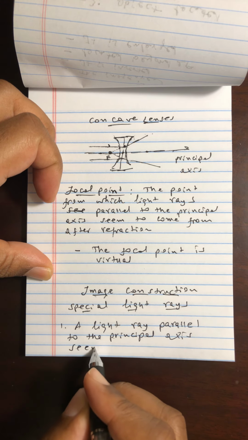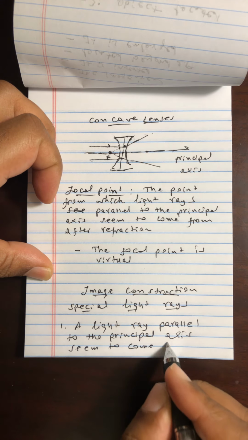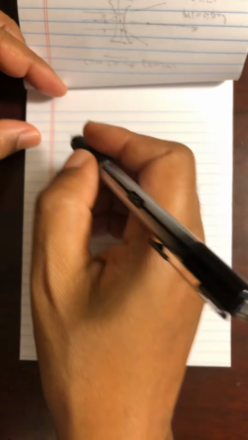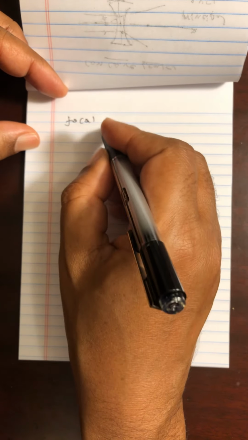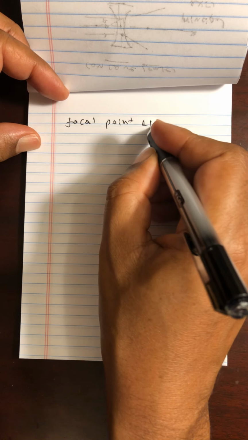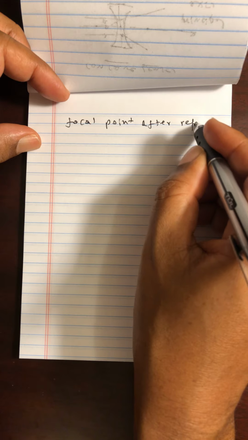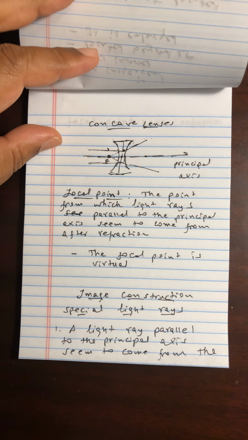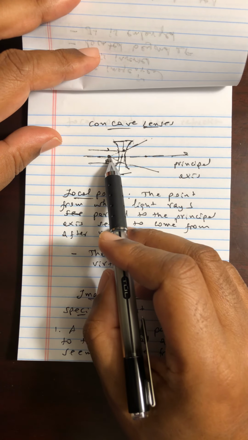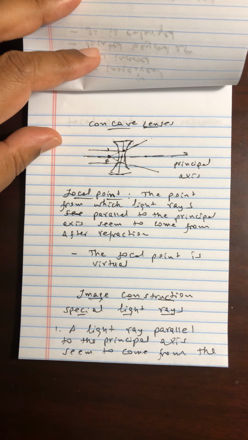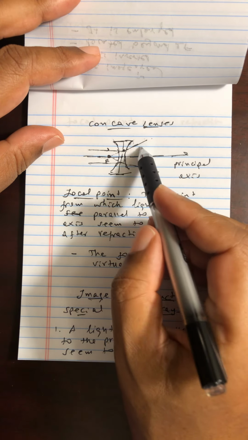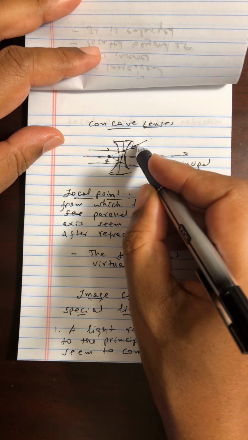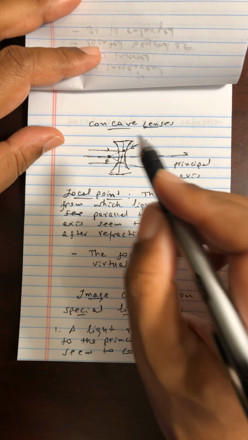And the reverse is true. If you've got a light ray directed towards the focal point, it is refracted parallel to the principal axis.